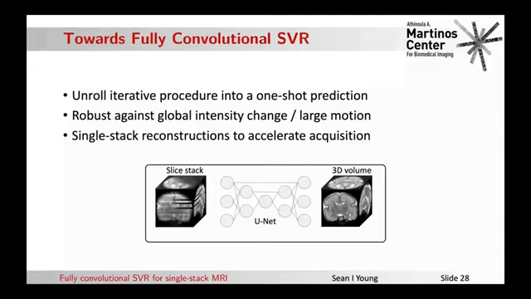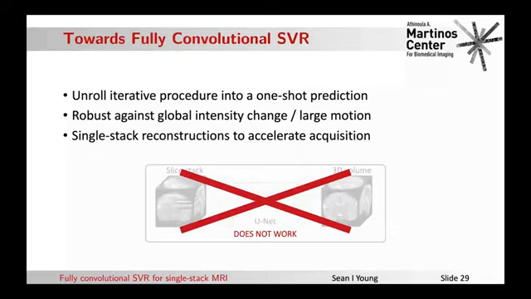Well, it turns out that it doesn't work if you do that, because if you think about the nature of these 2D slices, they're heavily motion corrupted, right? So this is actually a registration problem rather than a denoising problem, or a segmentation problem for that matter, which UNet is great for, right?